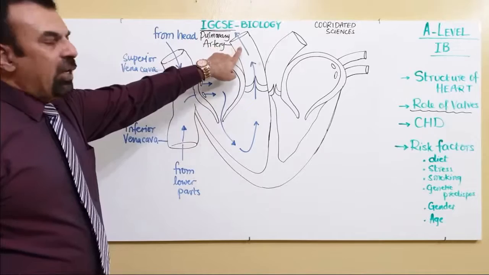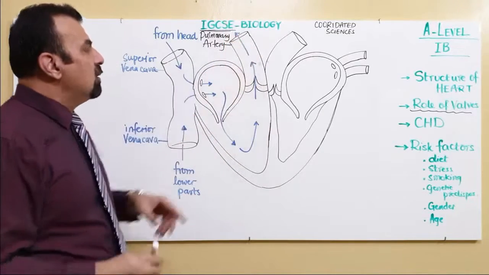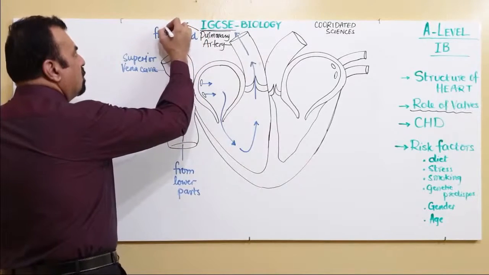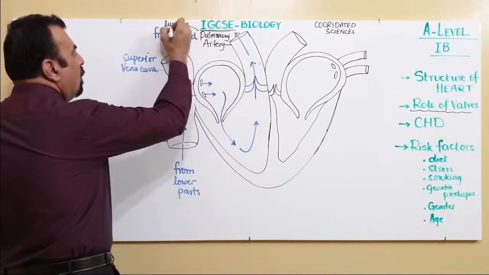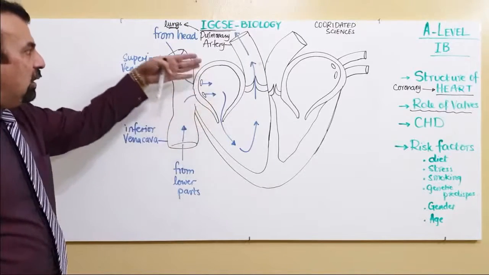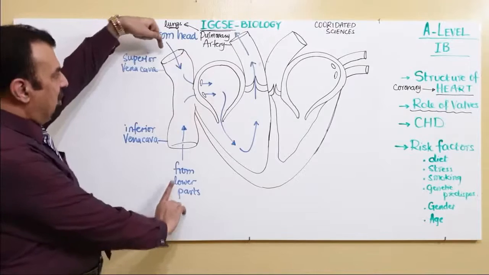The pulmonary artery takes deoxygenated blood to the lungs. So this is taking blood to the lungs. Lungs, other name pulmonary.